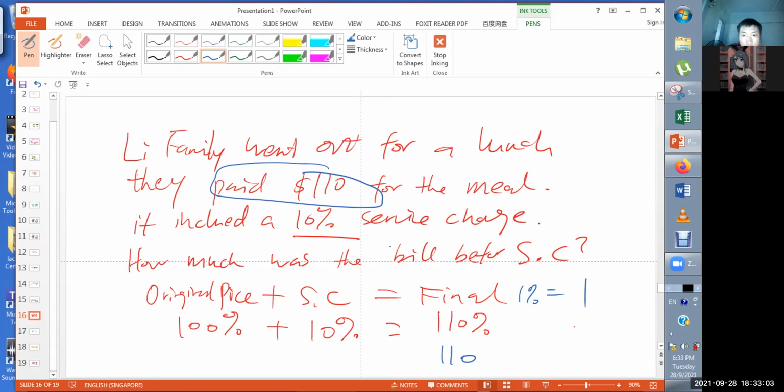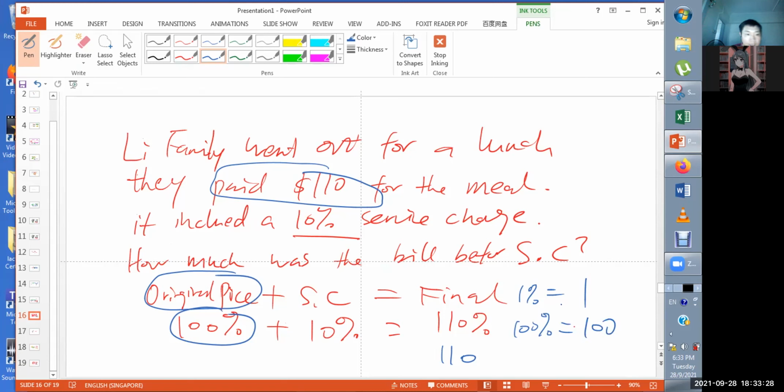So they asked for how much was the bill before service charge? So that means they want the original price, right? Original price is 100%. So what is the 100% then? 1 times 100. So $100. Does it make sense?